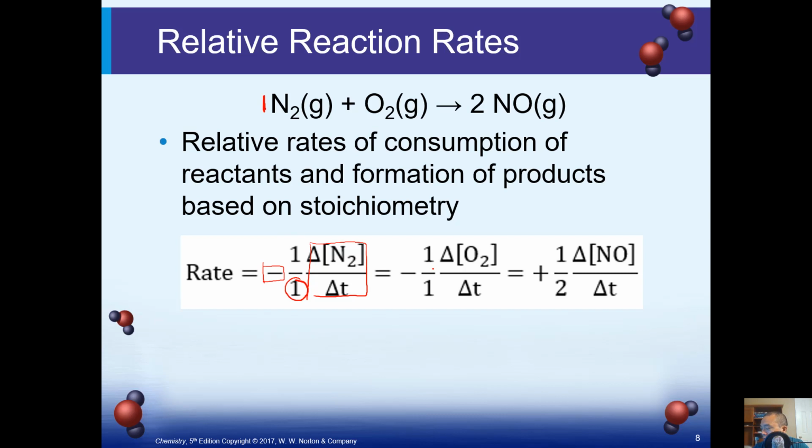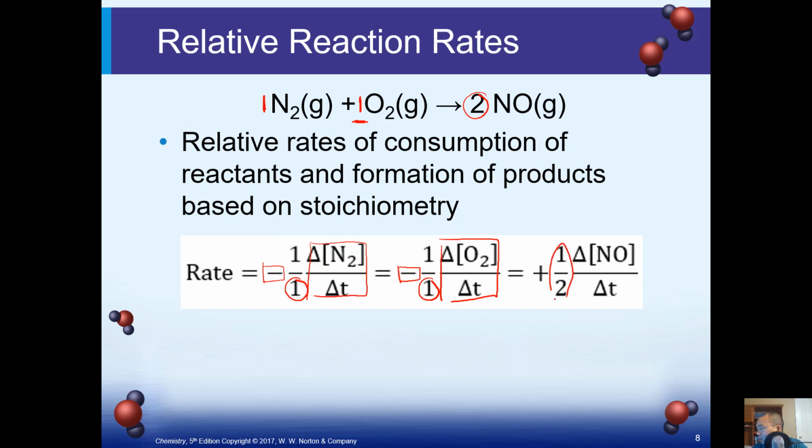It can also be defined based on oxygen, which has 1 as the chemical coefficient. So the inverse of that chemical coefficient times the corresponding rate of change based on oxygen. It can also be defined based on the product, which has the number 2 as the chemical coefficient.